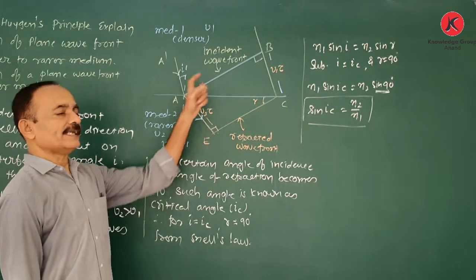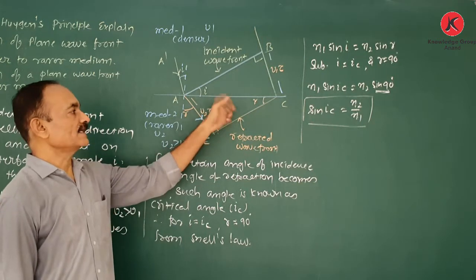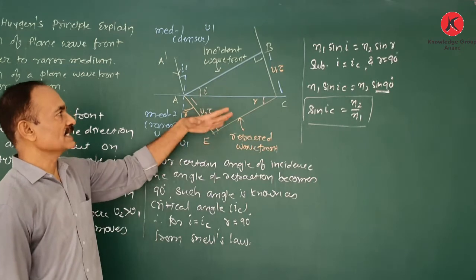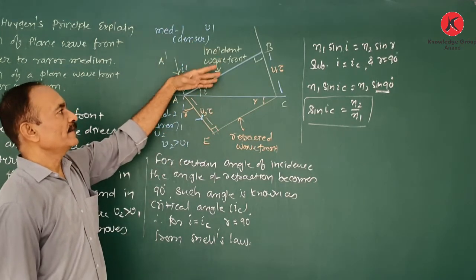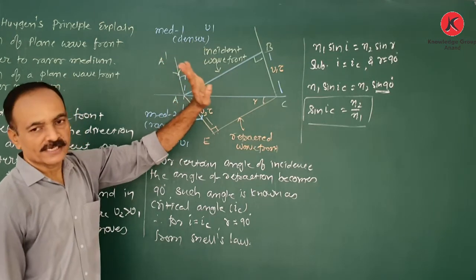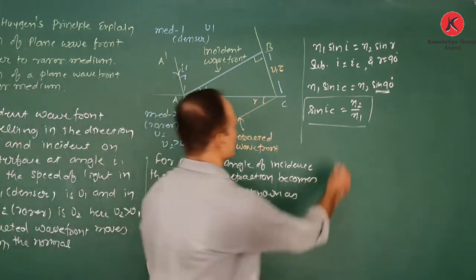Thus, the refracted wave front after the refraction bends away from the normal. In other words, when the plane wave front is traveling from the denser to the rare medium, the refracted wave front moves away from the normal.